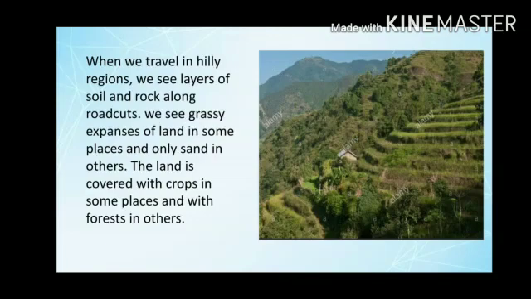Often when we travel in a hilly region, we see layers of soil and rock along road cuts. On the side of the road we have seen how the layers of rocks and soil have formed. We also see a grassy expanse of land, a large amount of land that is full of grass and greenery.